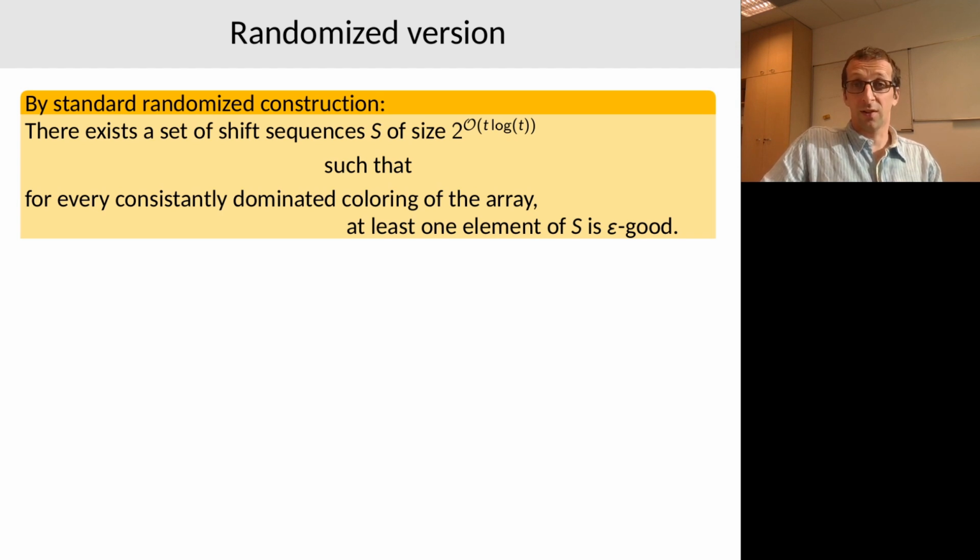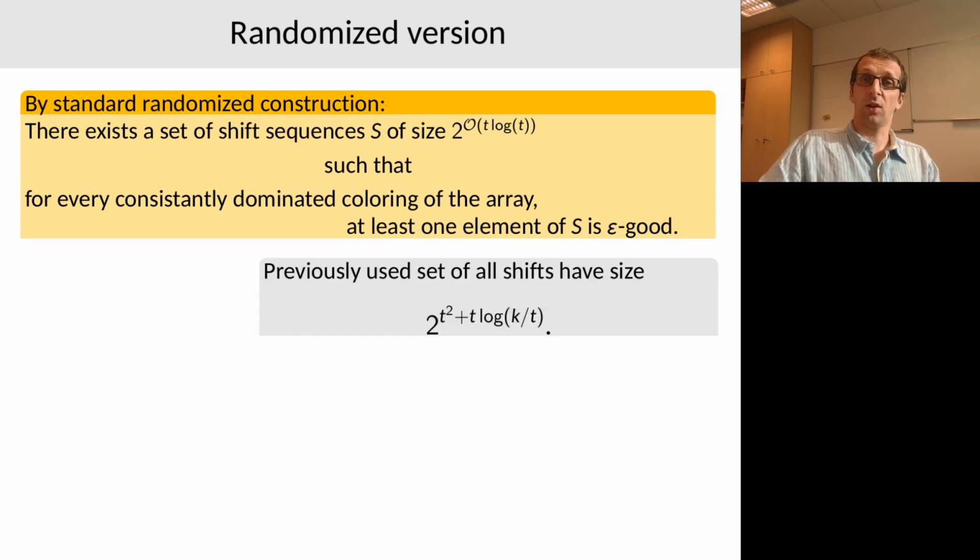So indeed, it turns out that a random set of shift sequences of size roughly this, 2 to the t log t, has the desired property with large probability. And recall that the desired property is that for every consistently dominated coloring of the array, at least one element of the set is epsilon good with respect to that coloring.